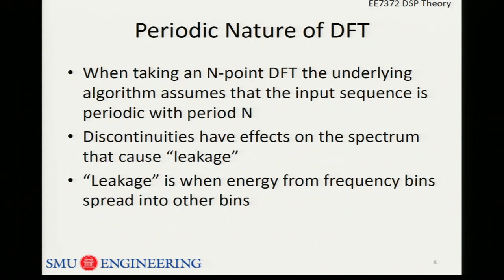Mainly we don't worry about it because there's not a lot we can do about it. But it does have an effect on the spectrum, which I'm going to demonstrate here. The discontinuities, or the lack of periodicity, basically cause this leakage problem. What is leakage? It means that energy in some DFT bins leaks into other bins, raising the whole background, which would prevent you from seeing weaker signals.